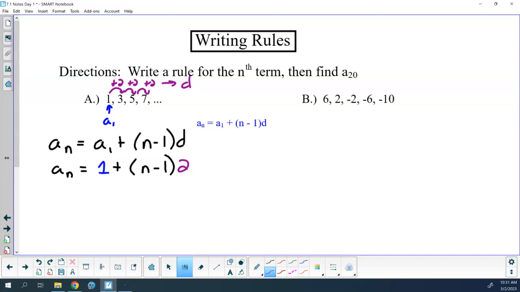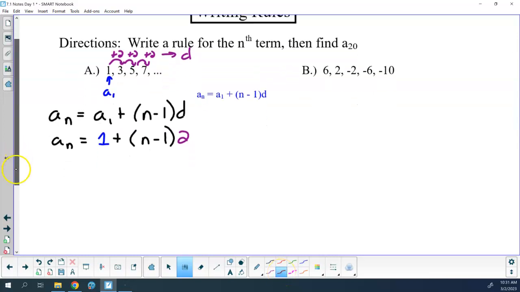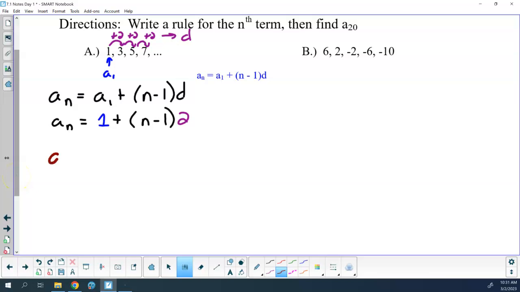Now, ideally, I would allow, I'm not a monster, I would allow this as an answer. If you take that common difference and you put it in front, that works. Okay? I would allow that as an answer.